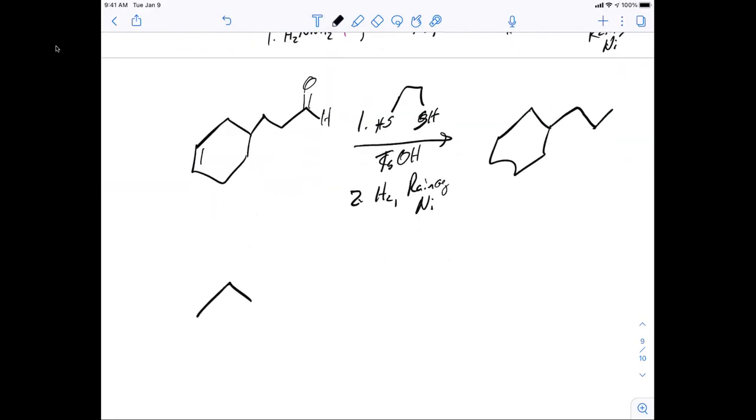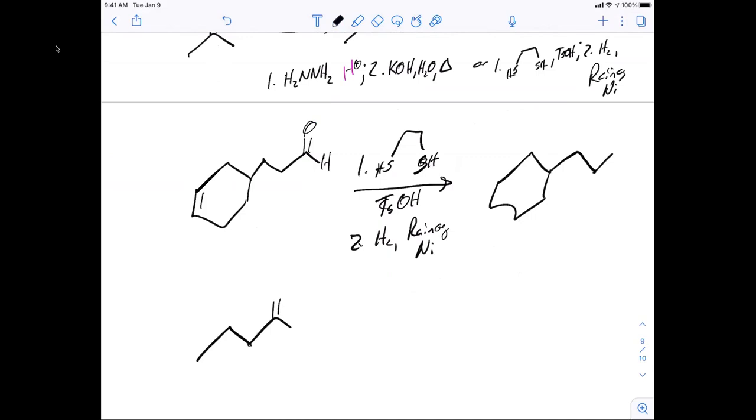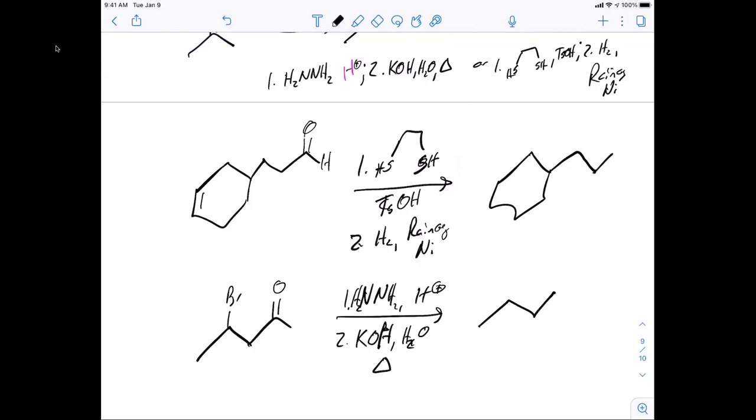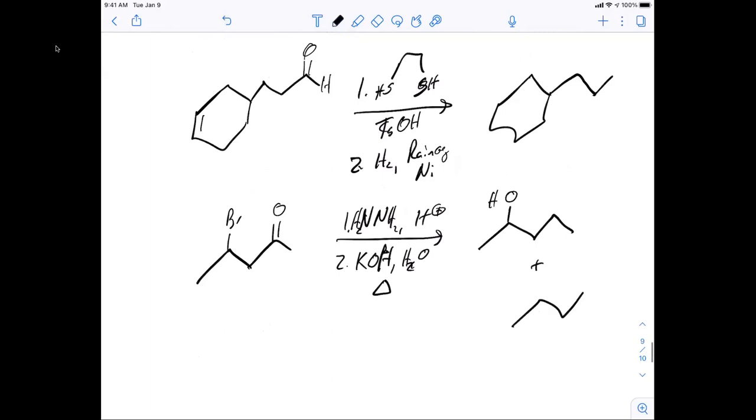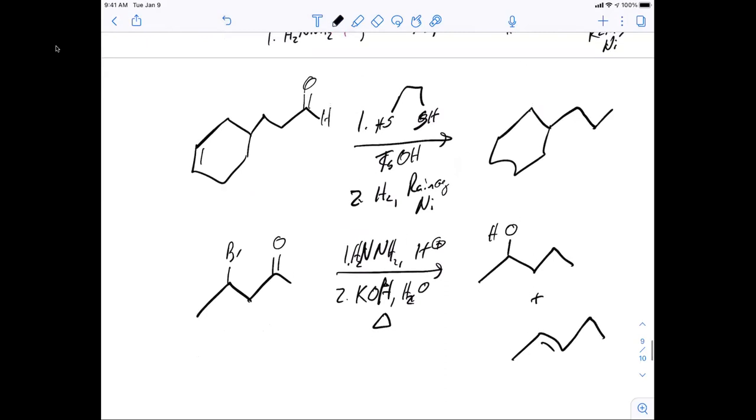If I had done the other one with the bromide, and I had done that one with the hydrazine, followed by the strong base, the Wolff-Kishner reaction, then I would have ended up with these byproducts. Okay, questions about that?